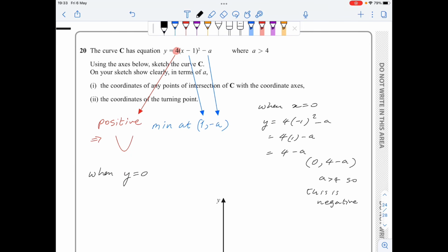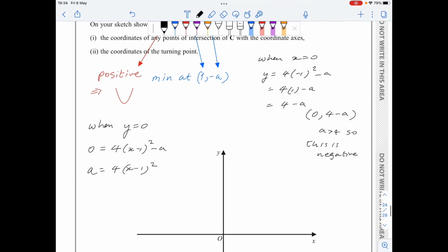When y is equal to 0, we have 0 equals 4 times x minus 1 squared minus a. Let's take the a to the other side. So a is 4 times x minus 1 squared. Let's divide by 4. A over 4 is x minus 1 squared.